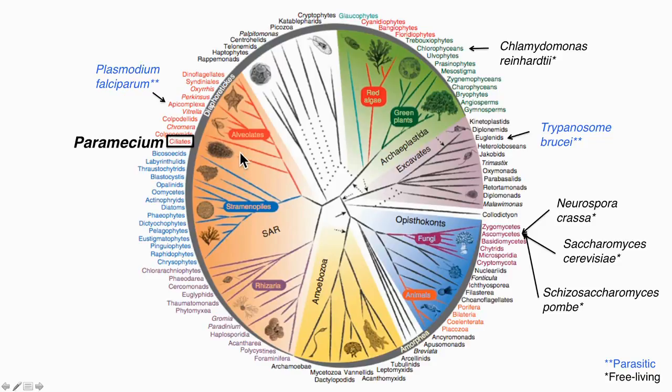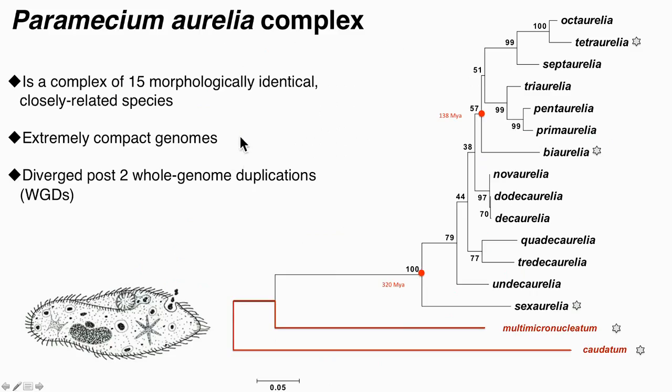So specifically, we focused on the Paramecium aurelia complex, which you just heard about. This is, again, a set of 15 morphologically identical, closely related species. And 2 of the unique genome features of the Paramecium complex is that they're highly streamlined or compact, and that they have about 40,000 protein coding genes as a result of 2 successive whole genome duplications.